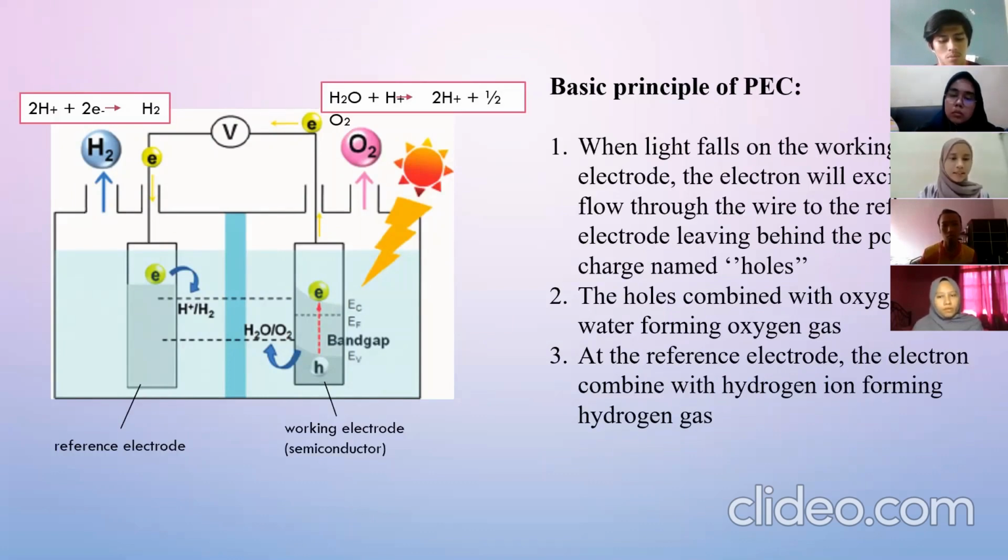Since this photoanode is an n-type semiconductor, and we know that there is a valence band and a conduction band, theoretically the valence band is filled with electrons and the conduction band is mostly empty.